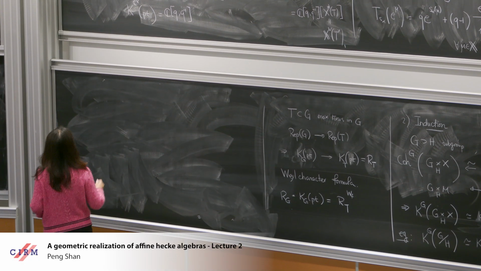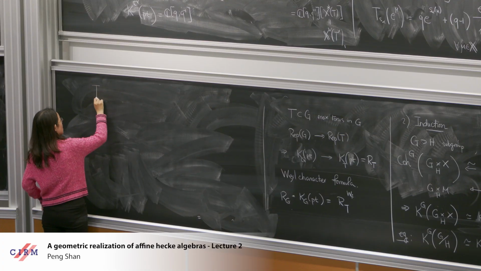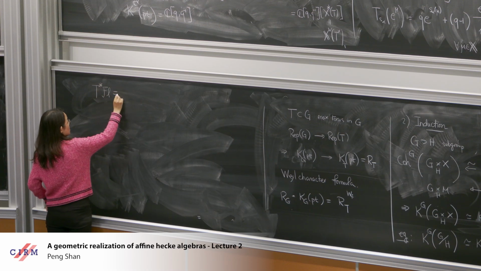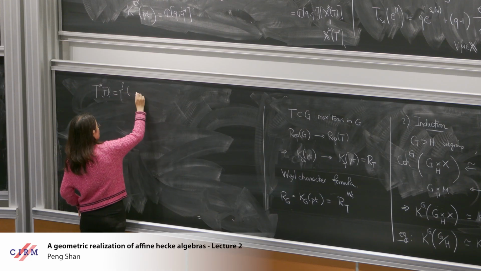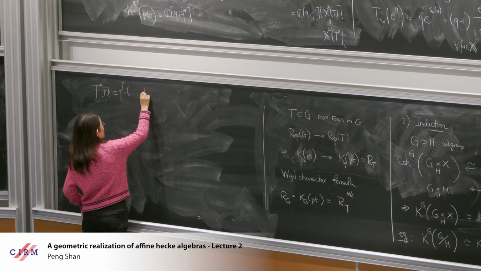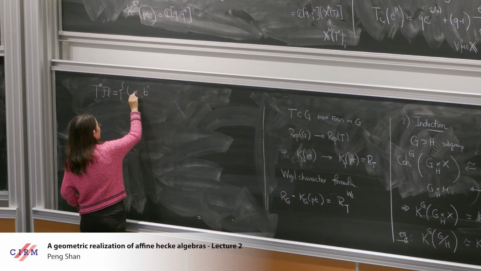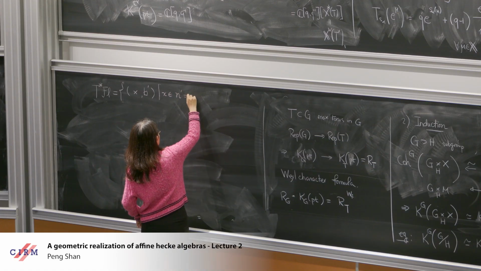So recall our Steinberg variety, right? I'll use this identification. We identify the cotangent of flag as the space where an element is a Borel subalgebra b prime inside g. Let me put b prime because I had b for the fixed point, and then an element x such that x belongs to n prime, where I will consistently write n prime for the radical of b prime.